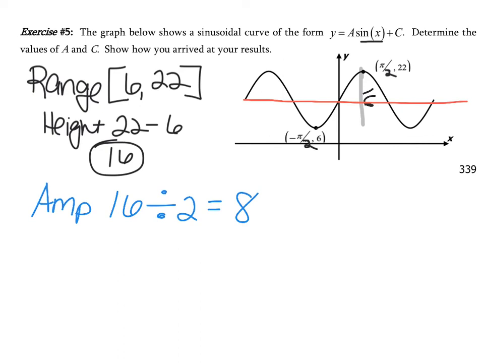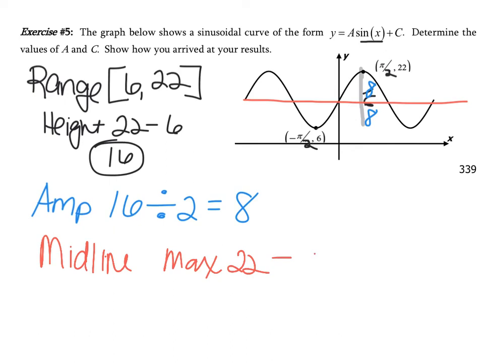Now, if I know that this distance is 8 and this distance is 8, I can find that midline. I'm going to take my max of 22 and subtract my amplitude, and that is going to give me 14.